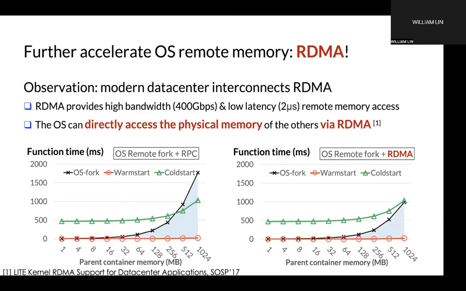RDMA is a high bandwidth and low latency networking feature, which provides a primitive called one-sided primitive. With one-sided primitives, the kernel can directly read the physical memory of the remote machine given its physical address using the NIC's hardware, which is much faster than RPC because it bypasses the kernel and CPU, and is zero copy. So we can see that with RDMA, remote fork can now enjoy significant performance improvements and is much better than cold start.